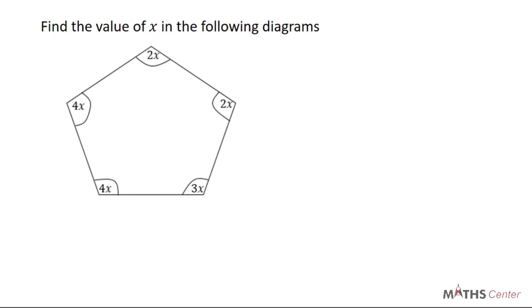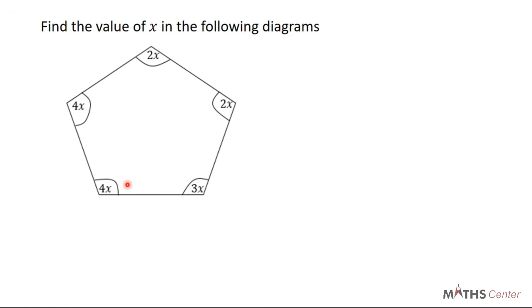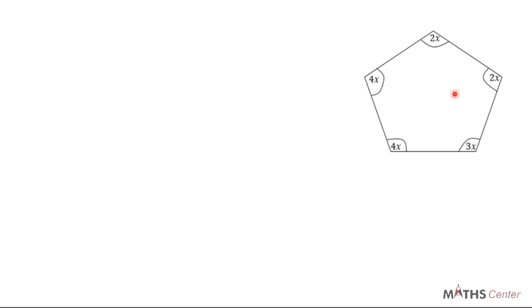You are being told to find the value of s in the following diagrams. So we have our first diagram here, and we are going to find the value of s. In this diagram, we have been given 5 interior angles: 2s, 4s, 2s, 4s, and 3s. These are all interior angles.